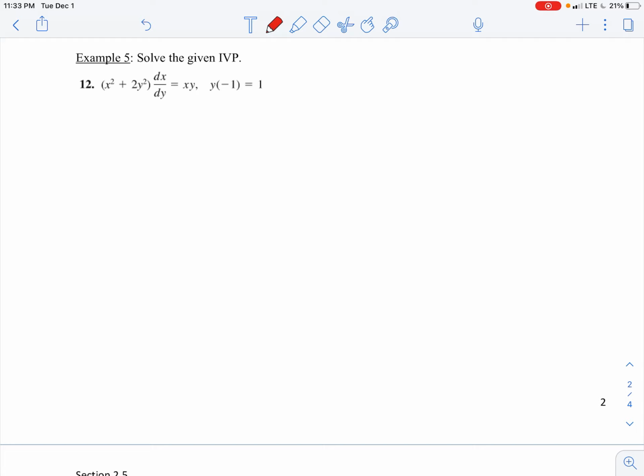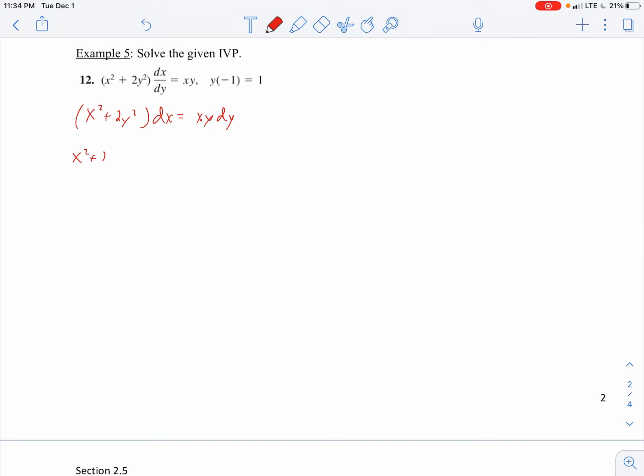So the first thing we're going to do is try to put it in the exact form. I'm going to multiply both sides, put the dy on the right hand side, and so I get x squared plus 2y squared dx is equal to xy dy. I'm going to bring that over so it has the appearance of an exact equation.